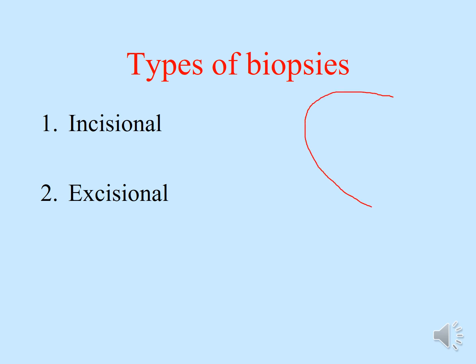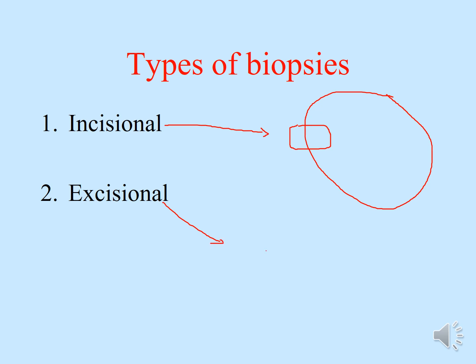Let's say there is a very big lesion here, and we want to know what this lesion is. Then we take a small piece of this tissue and examine it. This small piece taken from a large lesion is called an incisional biopsy.